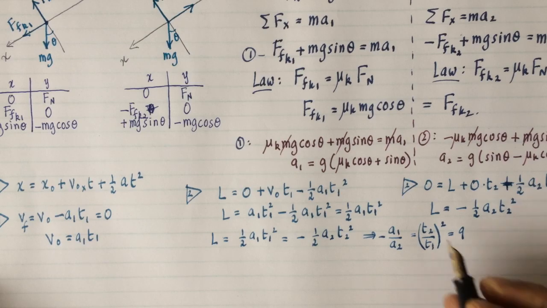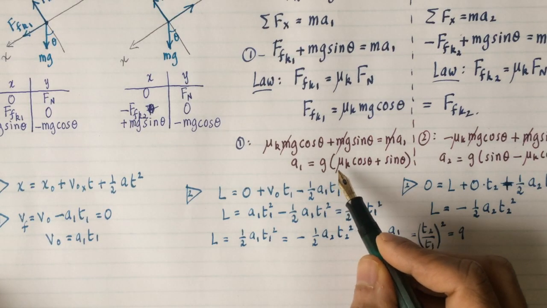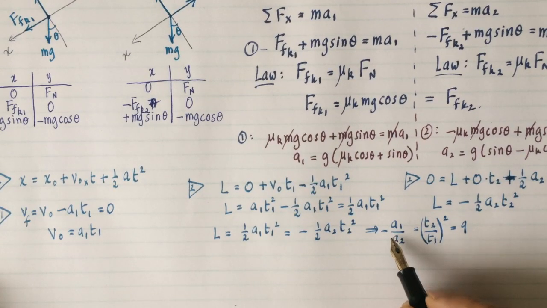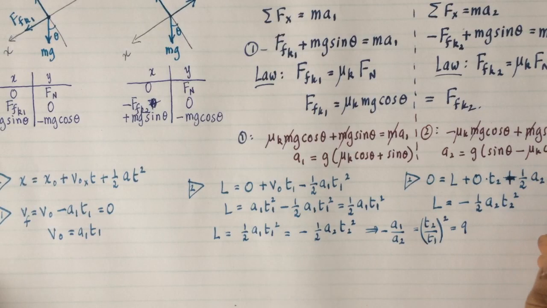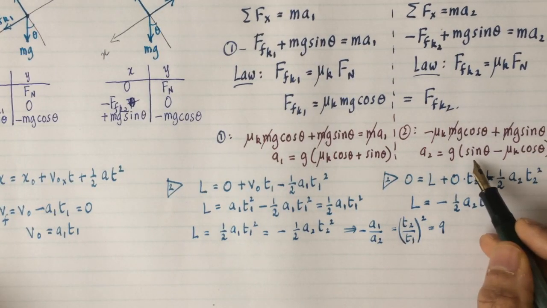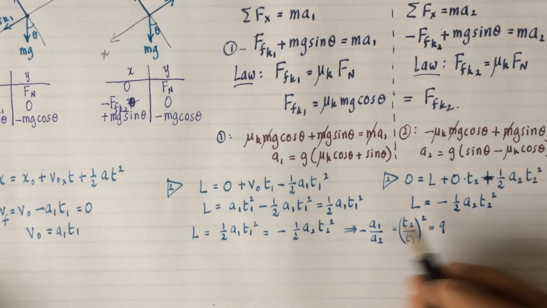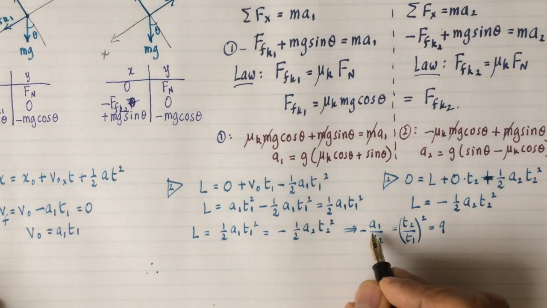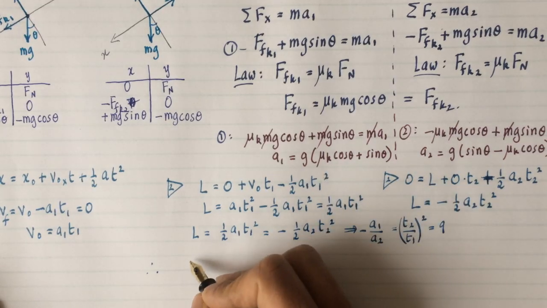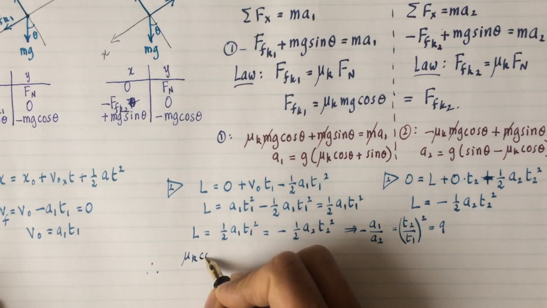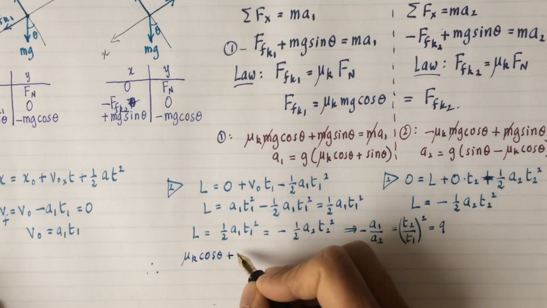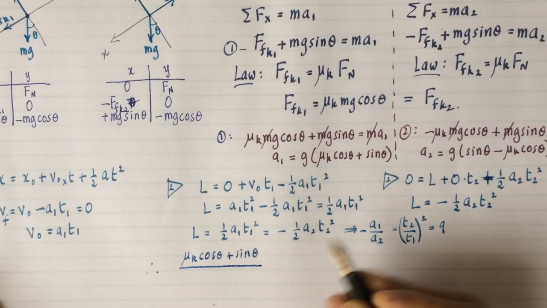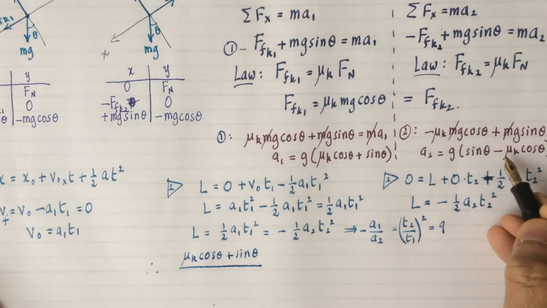Now let us solve for the coefficient of friction. So for that, you would need to put a1 and a2. Because I have a negative sign, I'm just going to flip the order of g sine theta and mu k cosine theta as I write it. So a1 is that. I get mu k cosine theta plus sine theta. G cancels out, so this thing is planet independent, divided by, and because it's a negative sign, like I said, I'm going to interchange it.